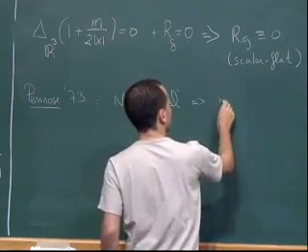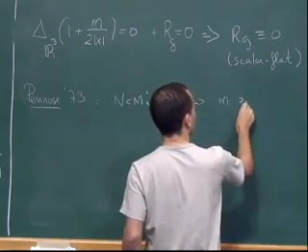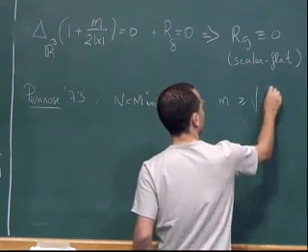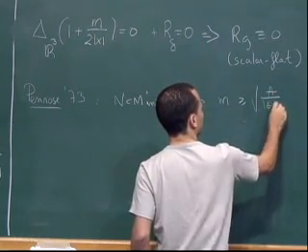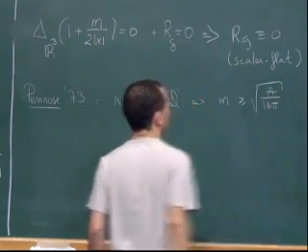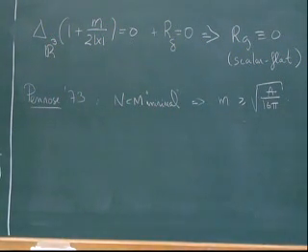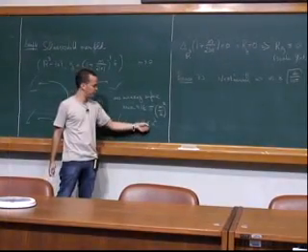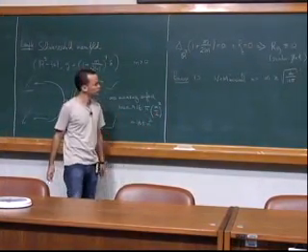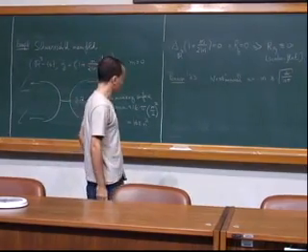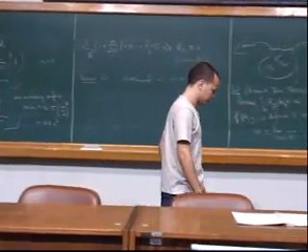But anyway, the conjecture is that the mass should be at least the square root of the area divided by 16 pi. You can see here that in the case of the Schwarzschild manifold, you get exactly the equality case. You divide by 16 pi, take the square root, you get the mass. So this was the conjecture.